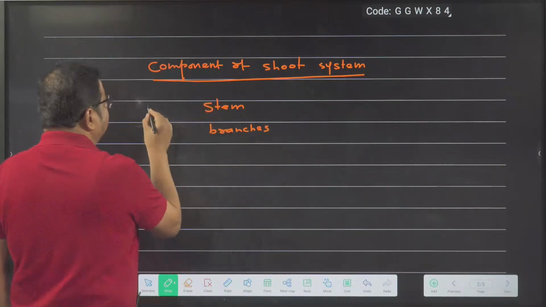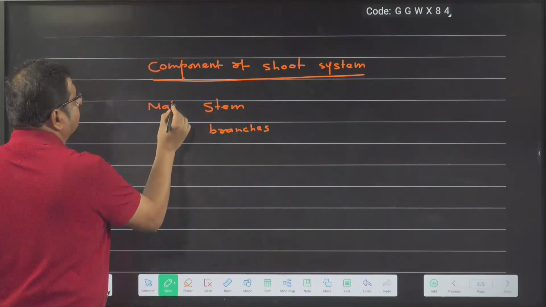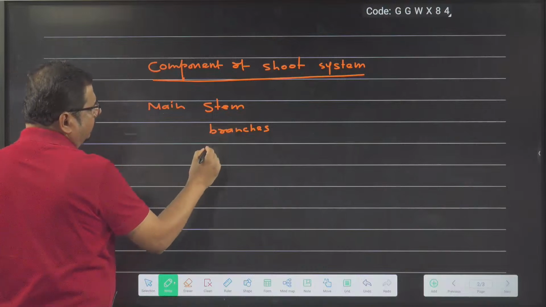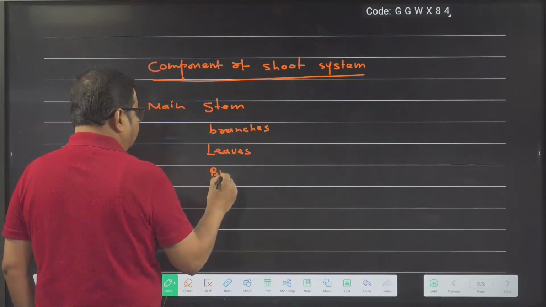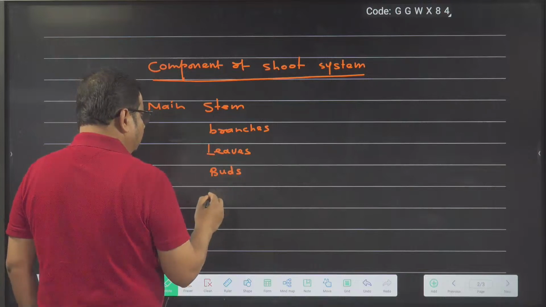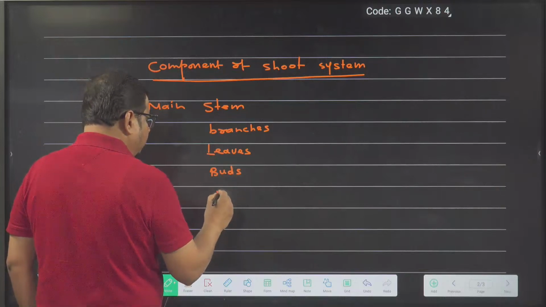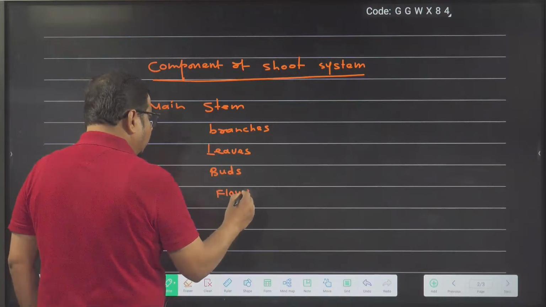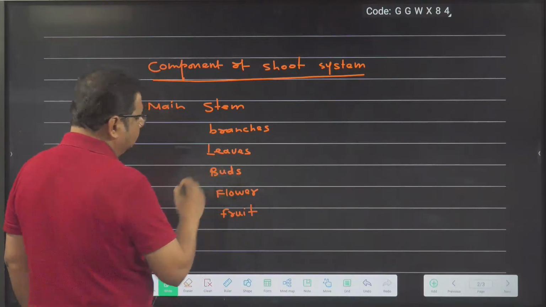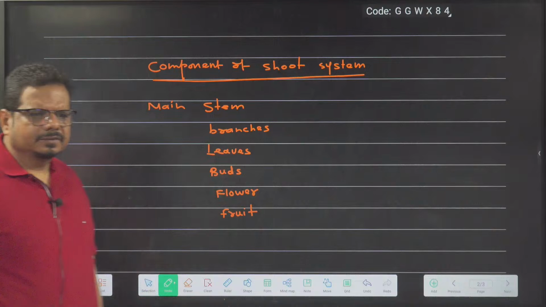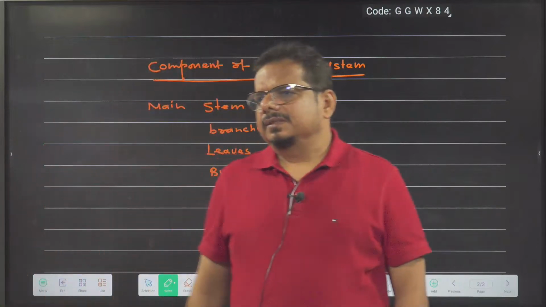You can say stem as main stem, its branches, you can say about leaves, you can say about buds, you can say about flower, you can say about fruit. Got the idea? Is it clear in the mind?